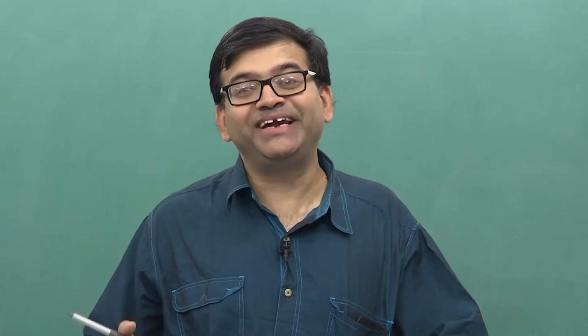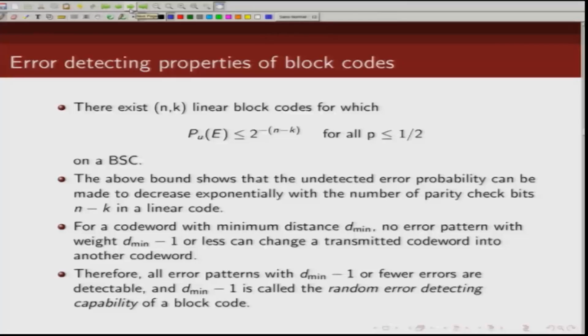What does that mean? It means that we can actually detect any error pattern of weight up to d min minus 1. So, all error patterns of weight d min minus 1 or fewer errors are detectable, and this is also known as the random error detecting capability of a linear block code.